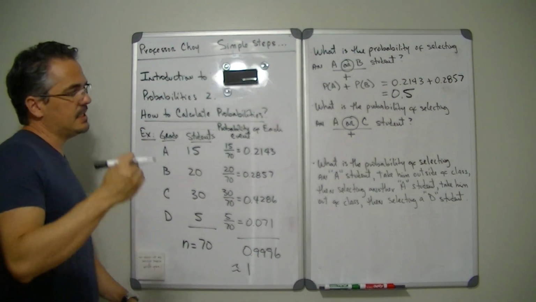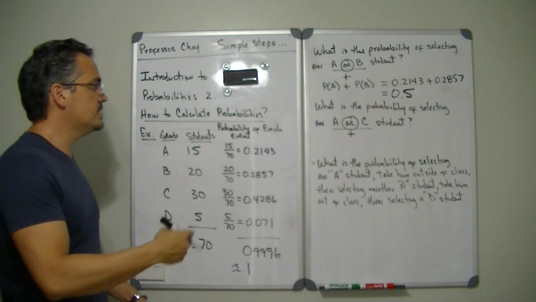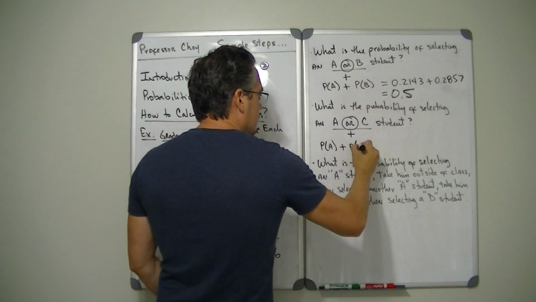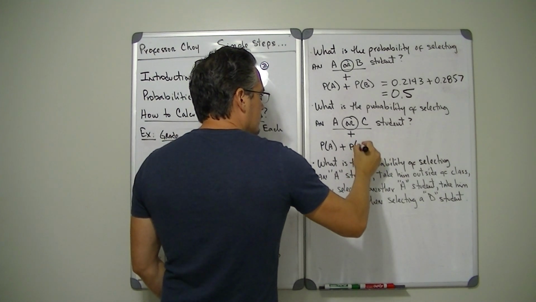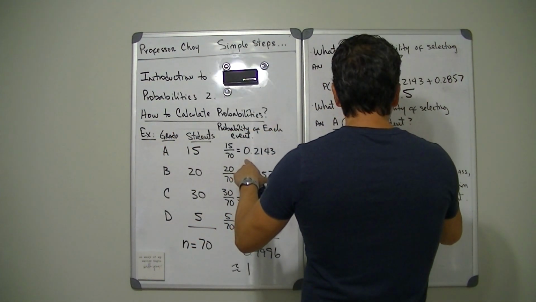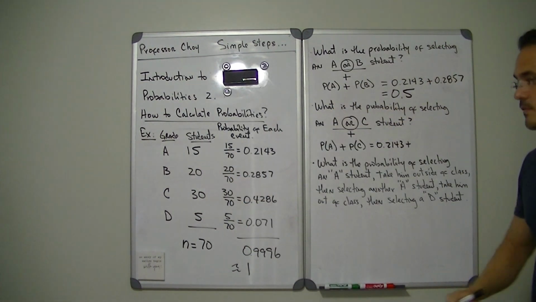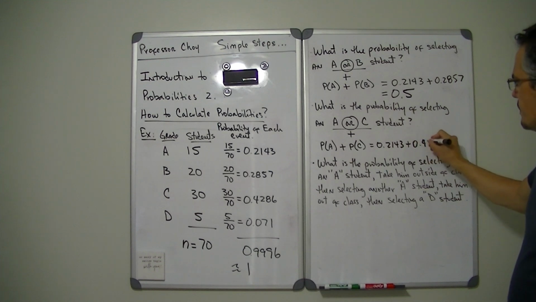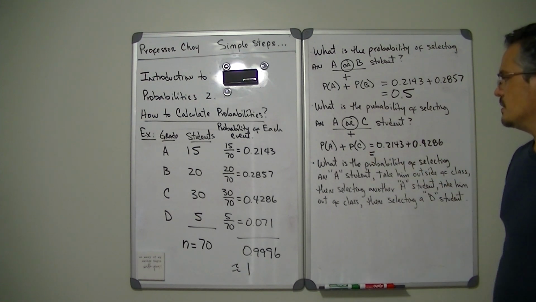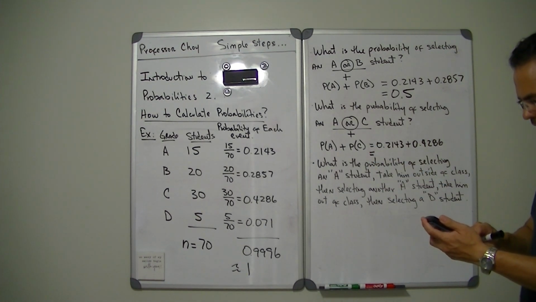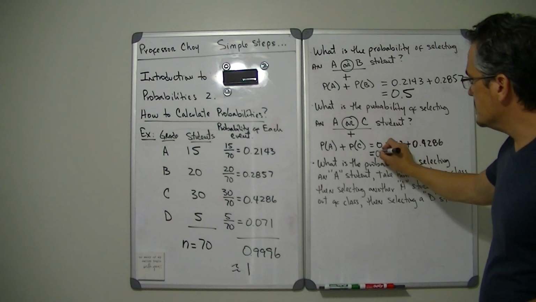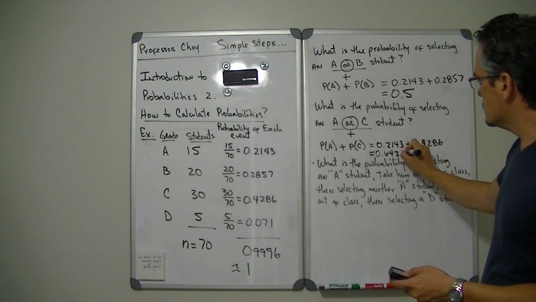So the probability of selecting an A student or a C student is the probability of A plus the probability of C. Probability of A is 0.2143, probability of C is 0.4286, therefore the probability of A or C is 0.2143 plus 0.4286, and that is 0.6429.